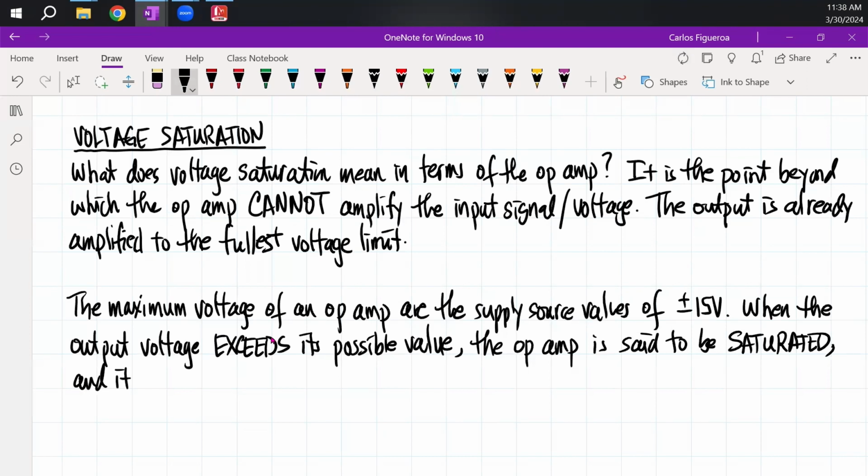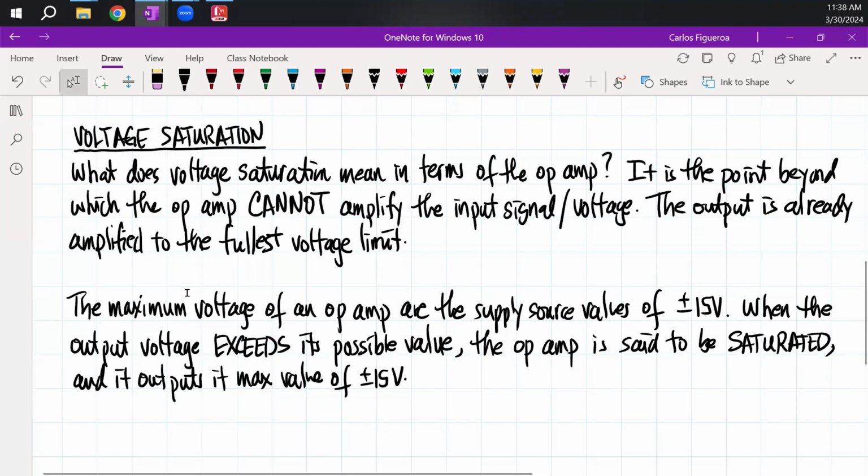And it outputs its max value of plus or minus 15 volts, the value of these power supplies.